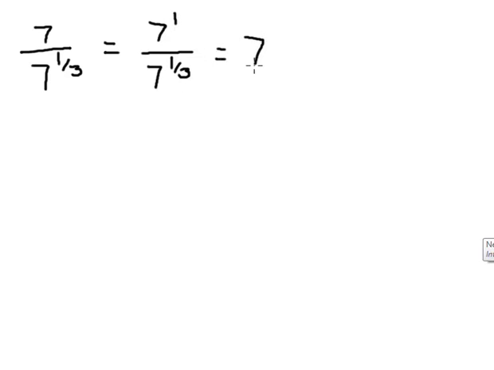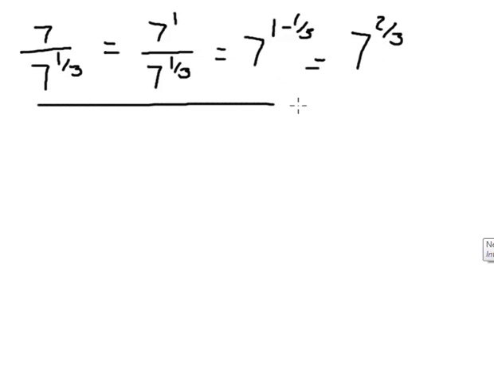So this will be 7 to the 1 minus 1/3. Now it's in the numerator because the 1 is bigger than the 1/3. And so this now becomes 1 minus 1/3 is 2/3, so 7 to the 2/3.